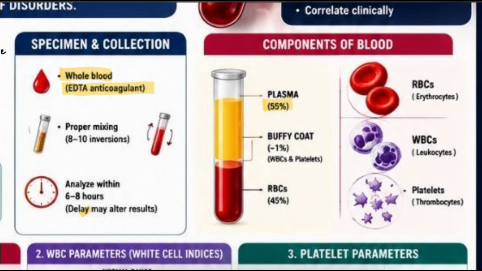The plasma is about 55%, and the buffy coat is less than 1%, and the buffy coat contains WBC and platelets. Next, RBC is 45%. RBC is also known as erythrocytes, WBC as leukocytes, and platelets as thrombocytes. These are very important.